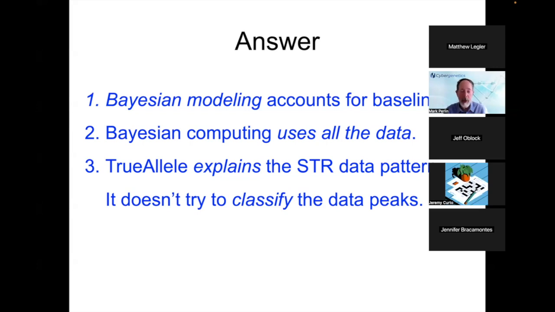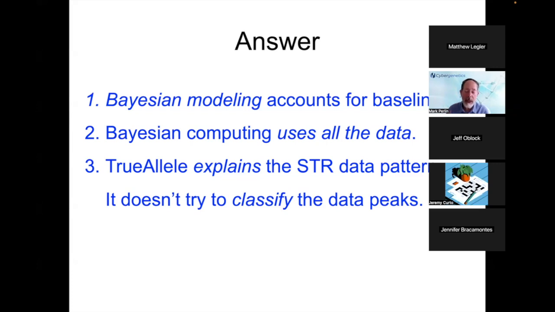For example, if you're looking at a 2-person or a 3-person mixture, and you only are looking at 1 or 2 peaks per locus, you're not going to be getting much information about that sample because you don't have enough data. There's another reason that is also part of the Bayesian framework.